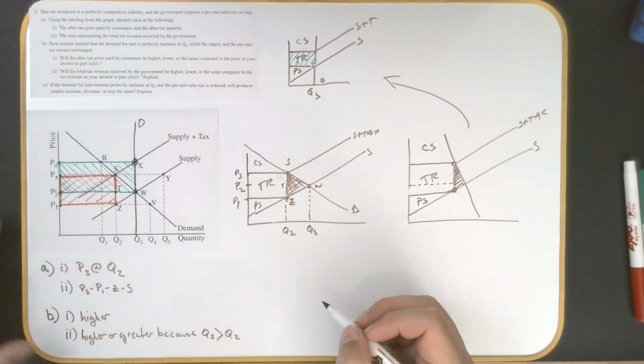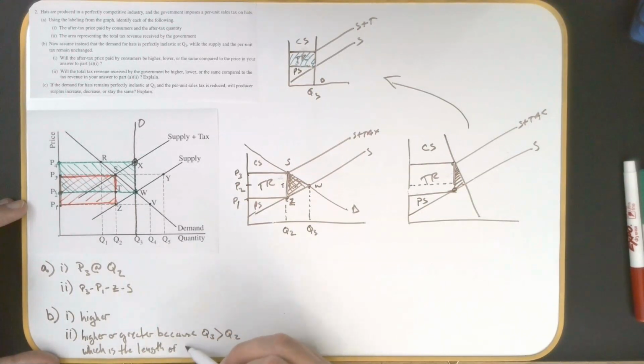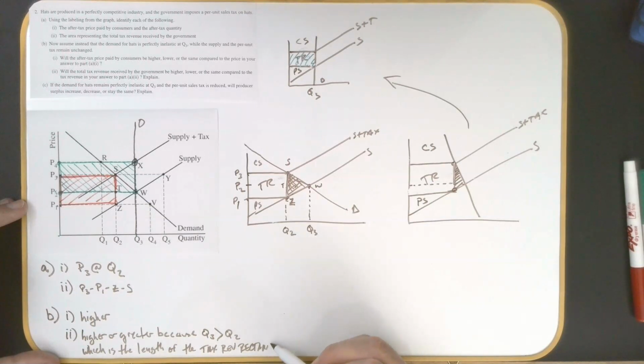Quantity 3 is greater than Q2, and I'll sneak this in, which is the length of the tax revenue rectangle. Okay, and that will illustrate you know what you're doing.